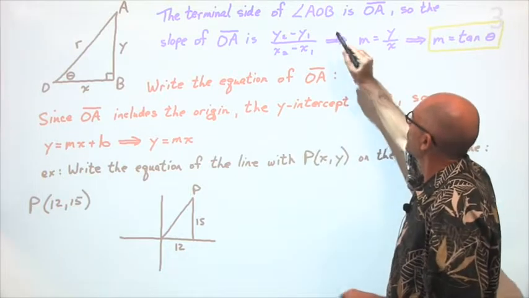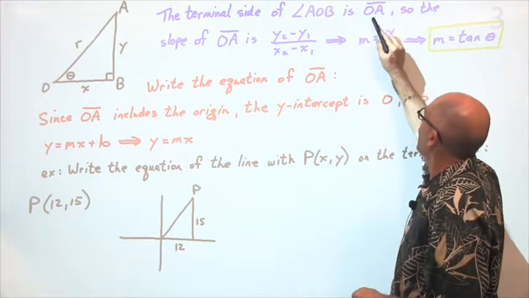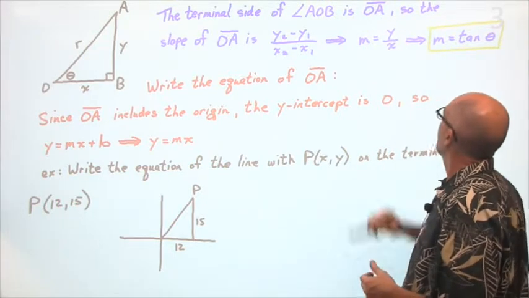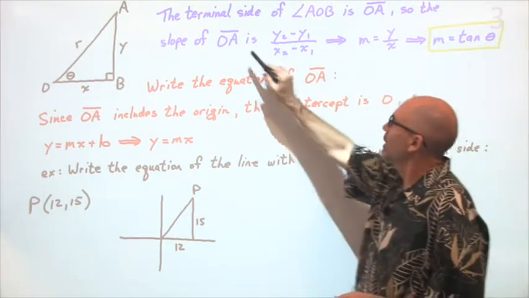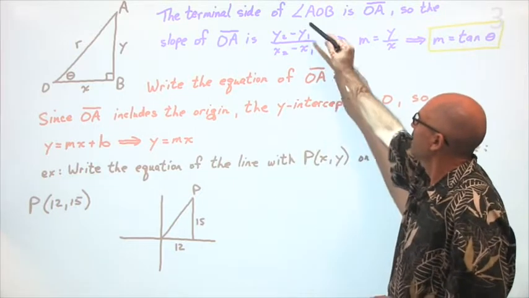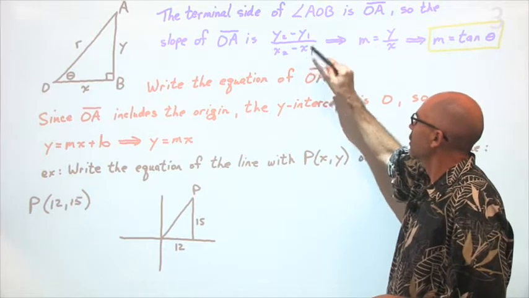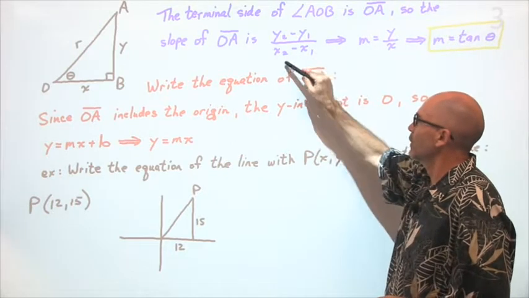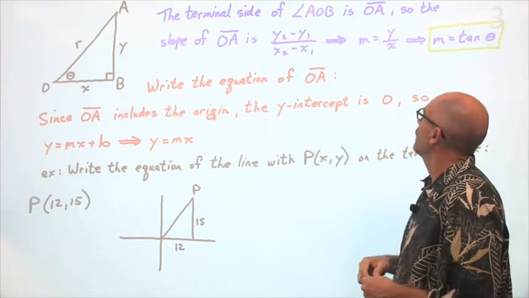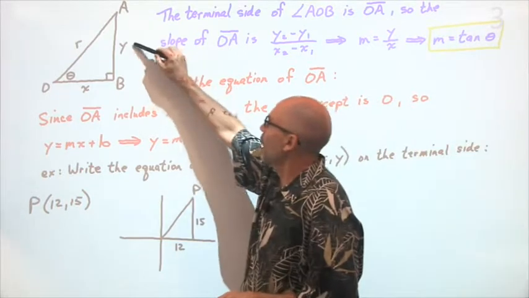Now, the terminal side of angle AOB is side OA. So the slope of side OA is going to be the change in y divided by the change in x. So y sub 2 minus y sub 1 over x sub 2 minus x sub 1. So the change in y here is just the y value.